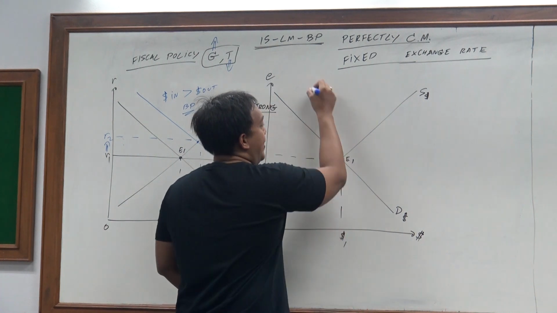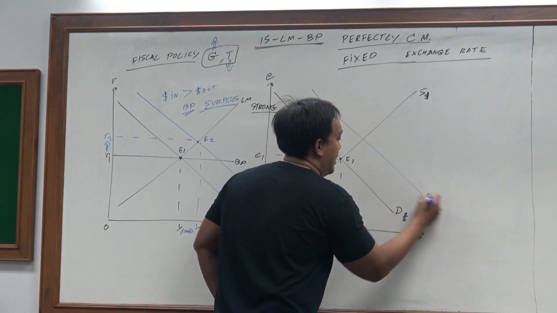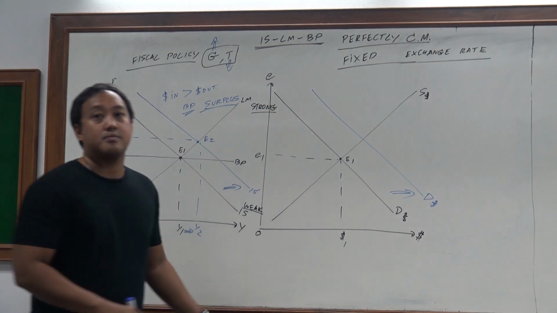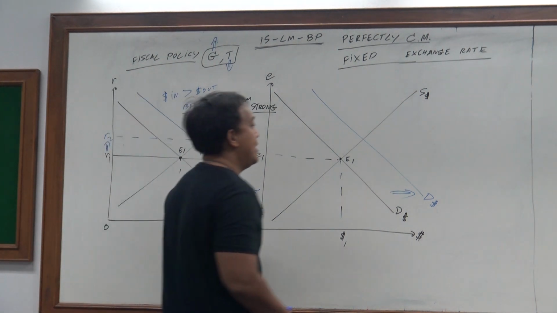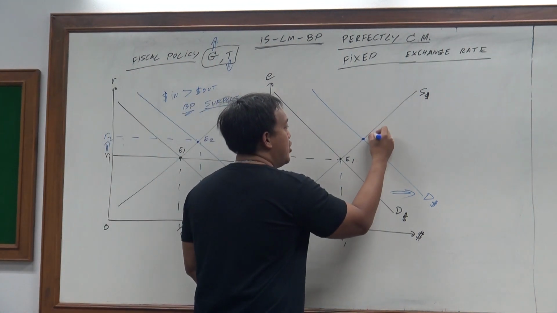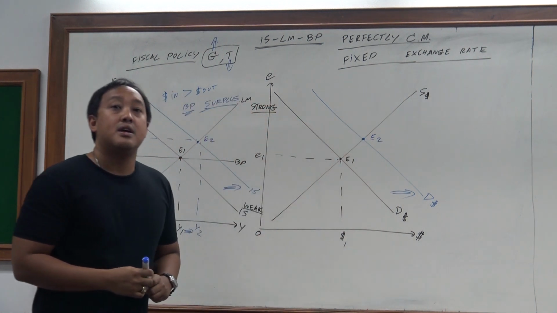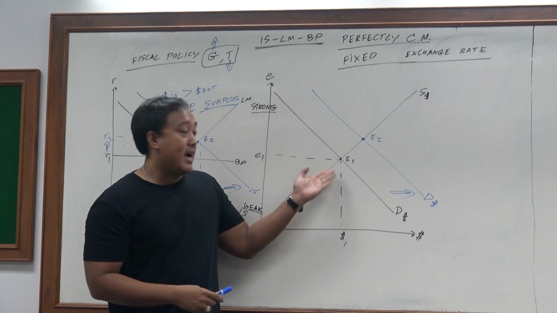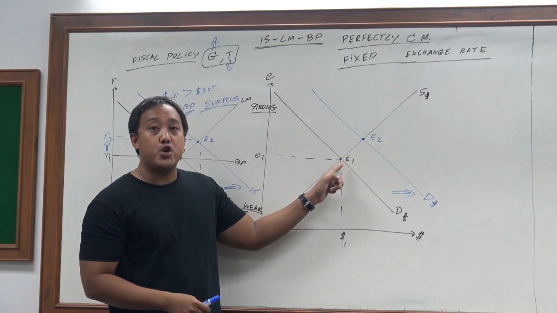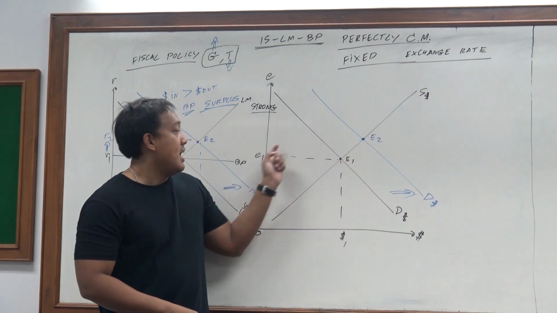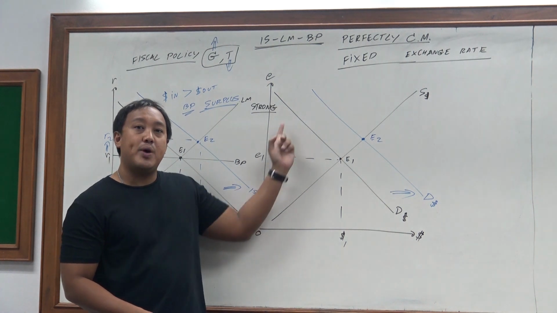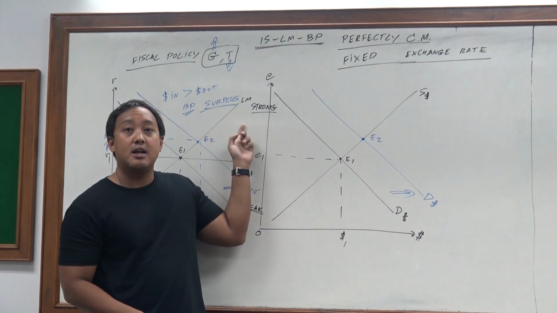Then, when they buy more US dollars, demand for US dollars shifts to the right. Just like the previous case, when demand shifts to the right, the equilibrium point should move from E1 to E2. The exchange rate should go up. The US dollar should be stronger.